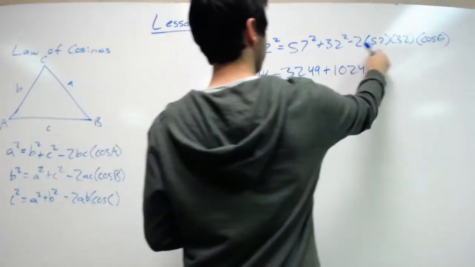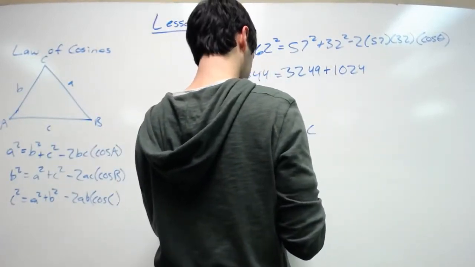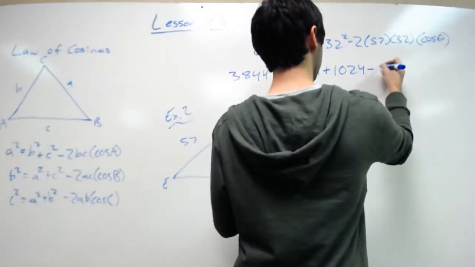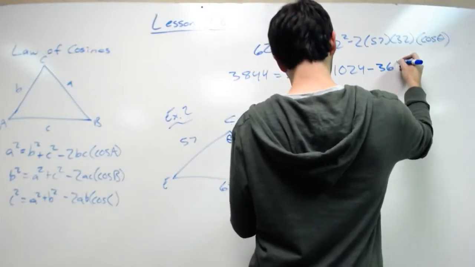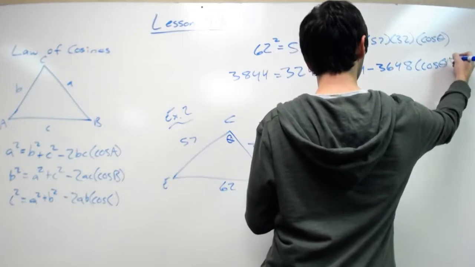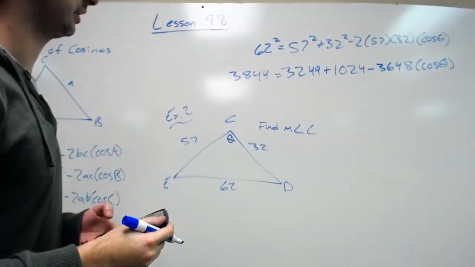Then we have negative 2 times 57 times 32, which is negative 3648, times cosine of theta.